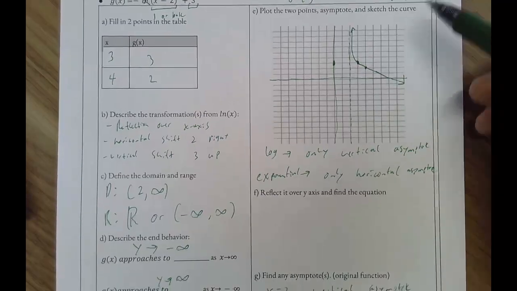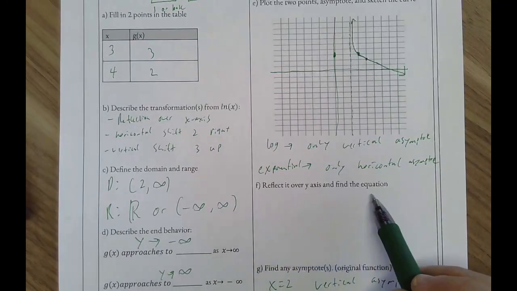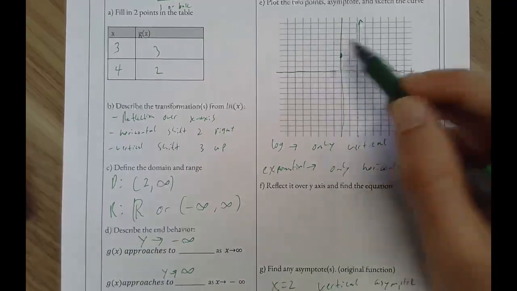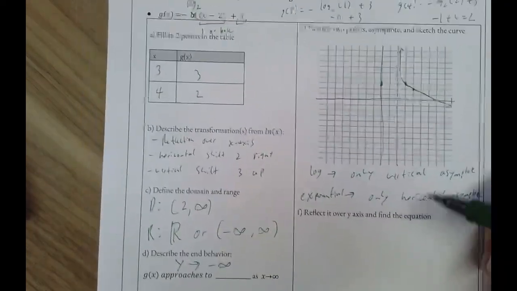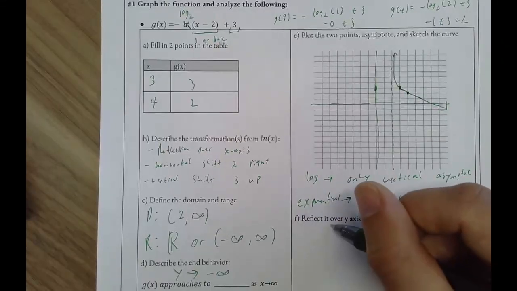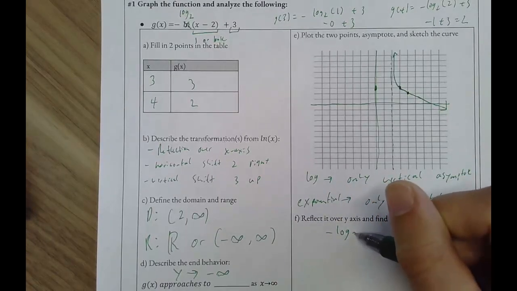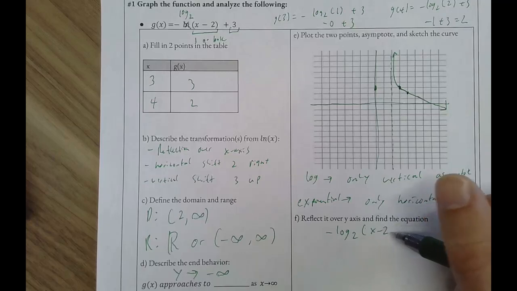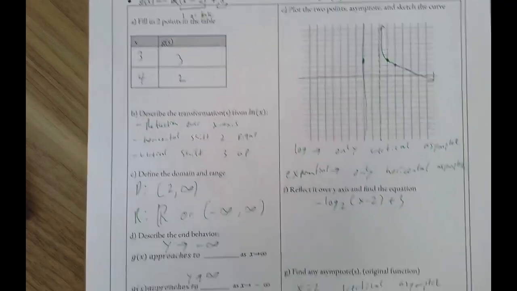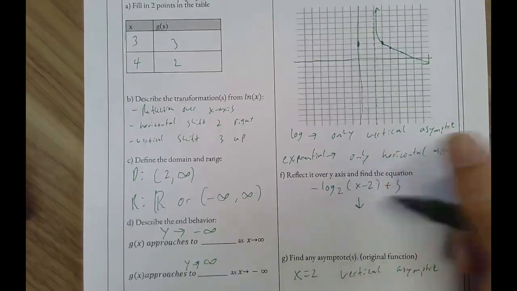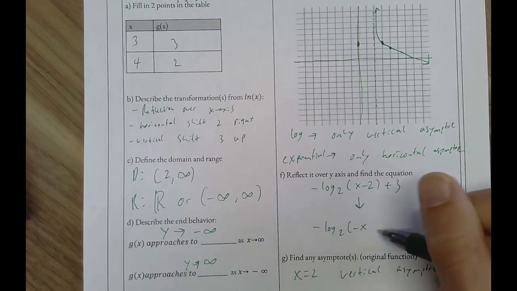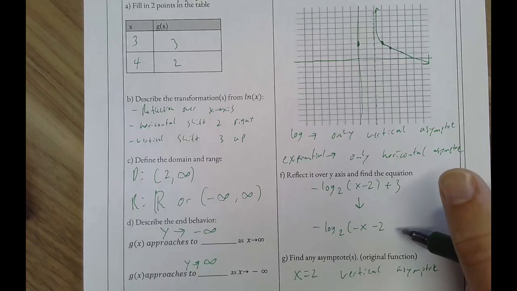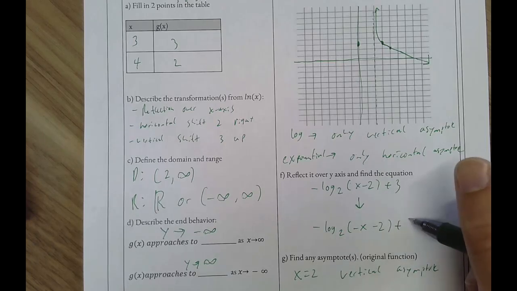Okay, reflect it over the y-axis and find the equation. To reflect over the y-axis, we change the x inside the function to negative x. So my original is negative log base 2 of (x minus 2), plus 3. When I reflect over the y-axis, it becomes negative log base 2 of (negative x minus 2), plus 3.